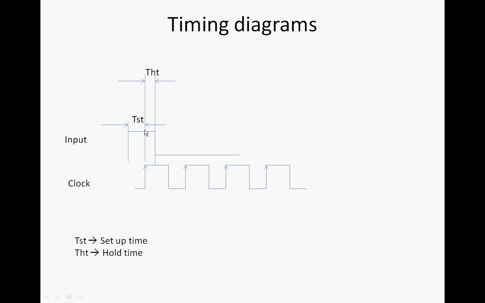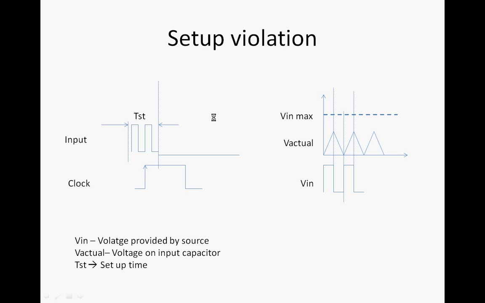So this is the minimum amount of time my input can't change. During this time, the input value, whatever it is, should remain as it is. After this, a change may occur, but it would also follow this condition. So the maximum frequency of operation would be 1 by T setup plus T hold.